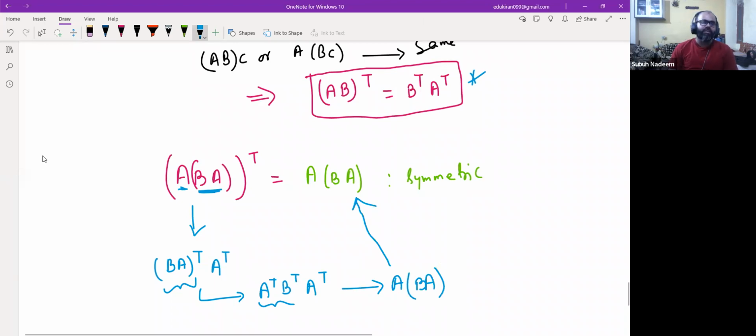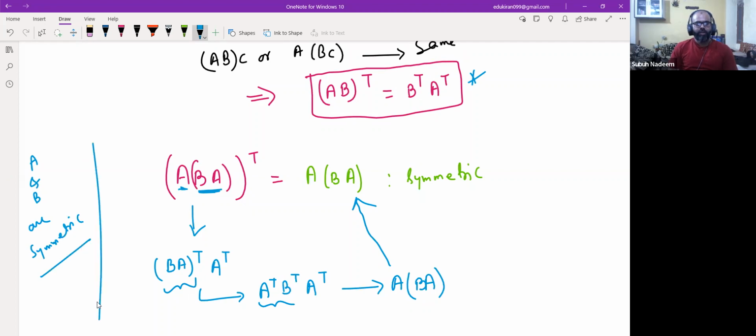This fact is given to us that A and B are symmetric. Then only it is being asked. Then only in this step you can write A transpose as A, B transpose as B, and A transpose as A. I hope it is clear.